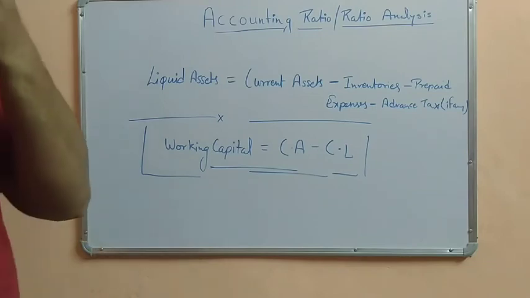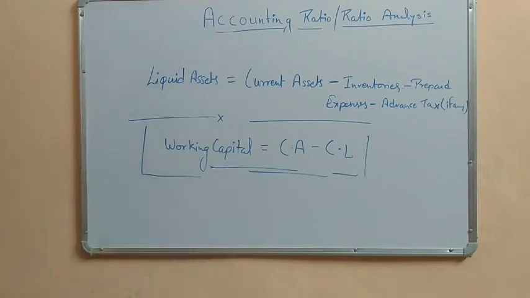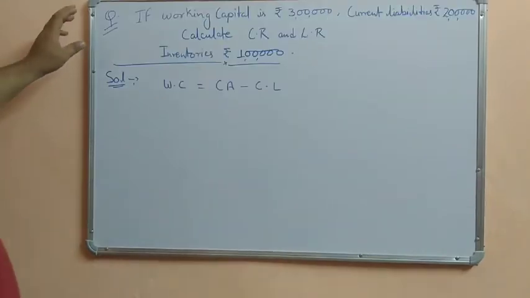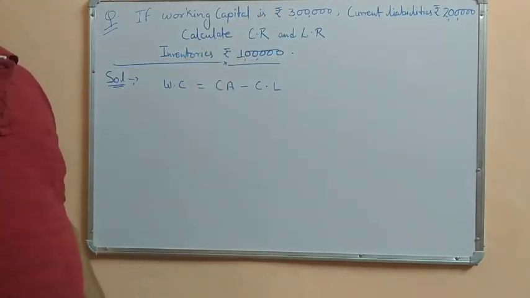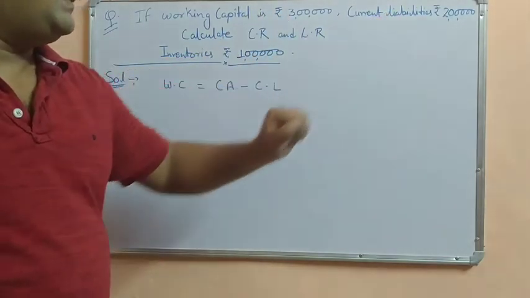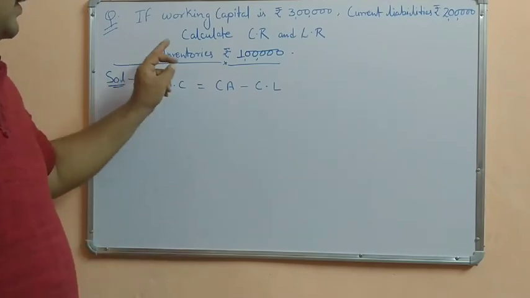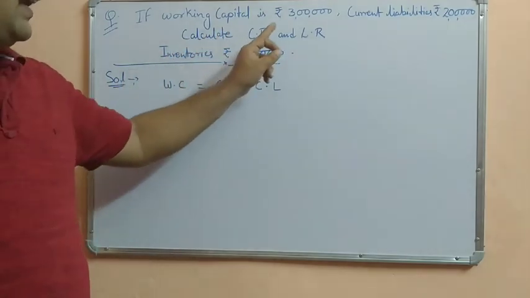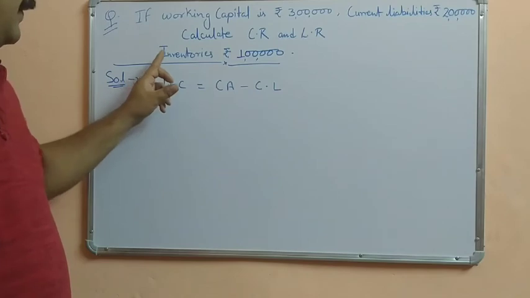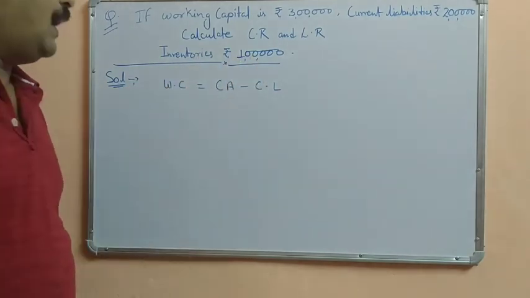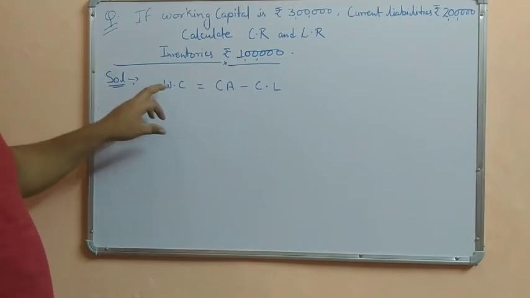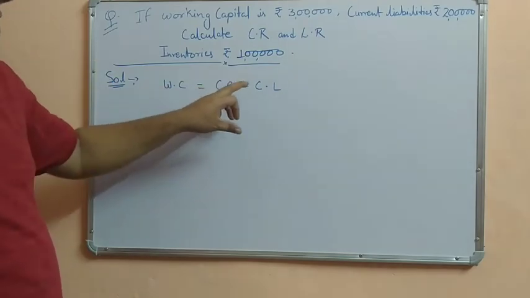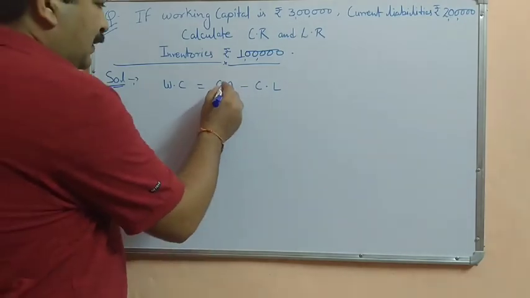Okay. Let us try to understand with one example. Let us see one question. If working capital is 3 lakh rupees and current liability is 2 lakh rupees, calculate current ratio and liquid ratio if inventory is 1 lakh rupees. Let us see the solution. As we know, working capital equals current asset minus current liability.